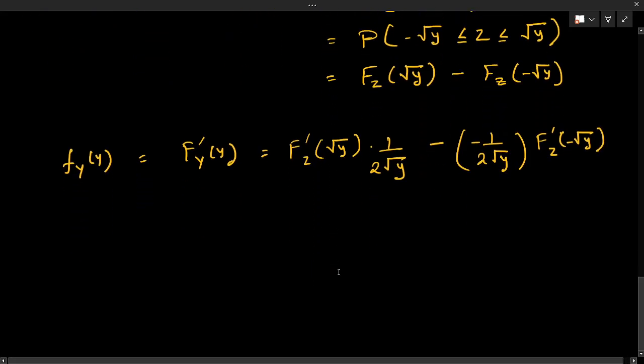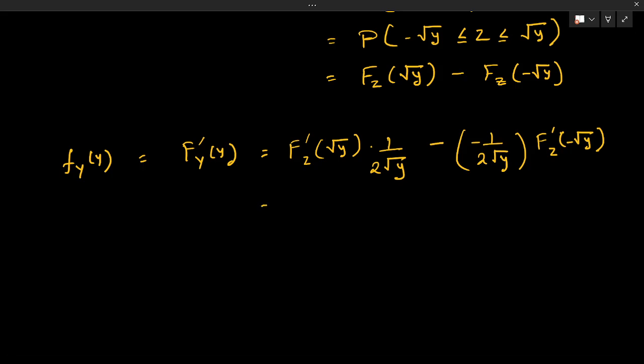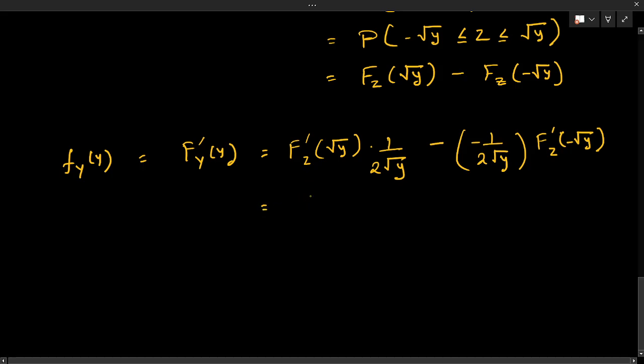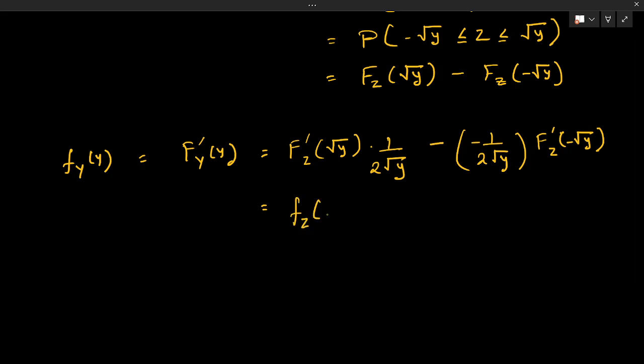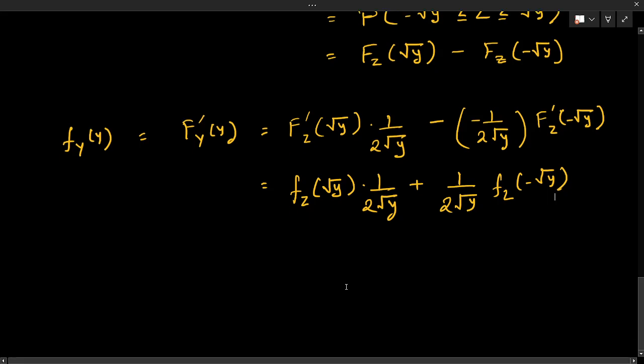Now what is F dash Z? It is nothing but the density function of Z, which is f_Z of root y into 1 by 2 root y plus 1 by 2 root y f_Z of minus root y. Now just substitute these values.